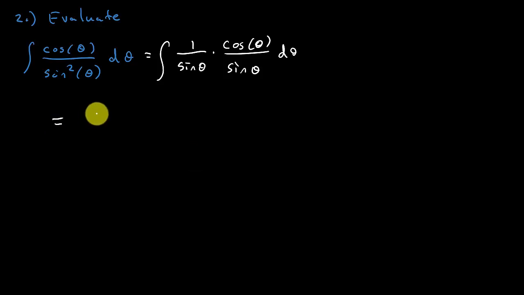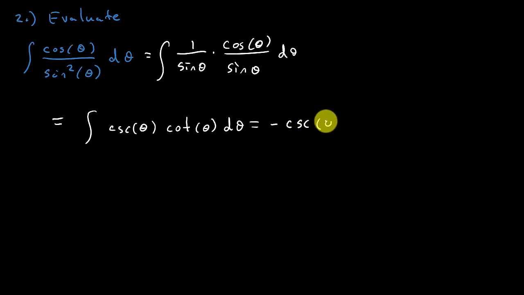So this is going to be cosecant theta times cotangent theta d theta. And then by that integral in the table, that is just negative cosecant theta, and then don't forget your plus c.